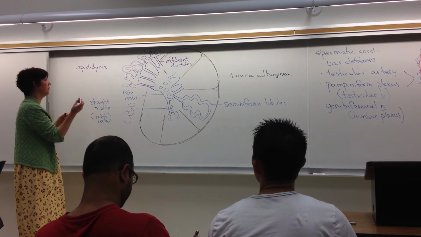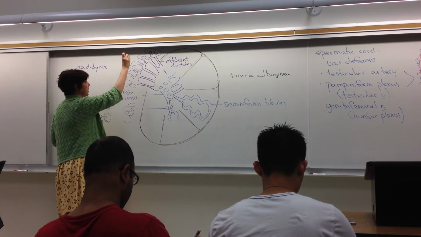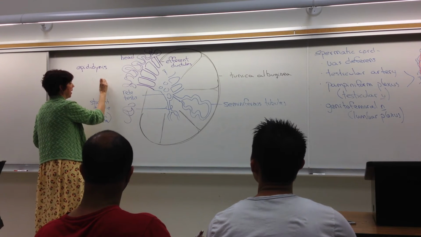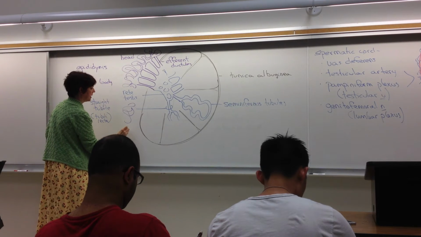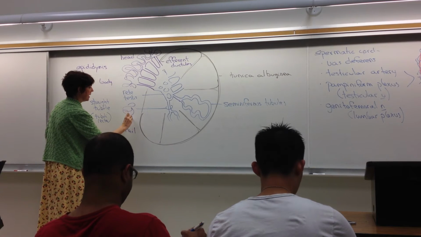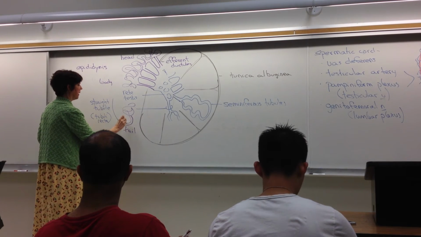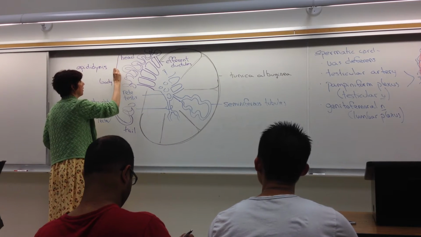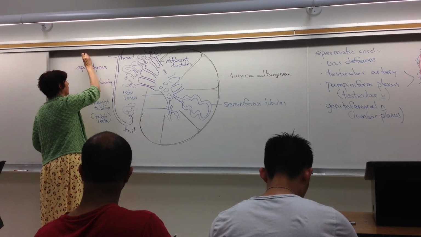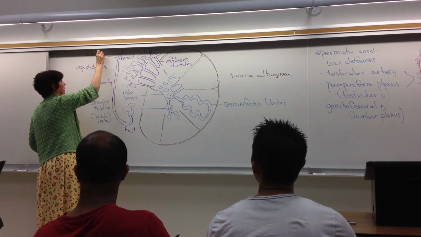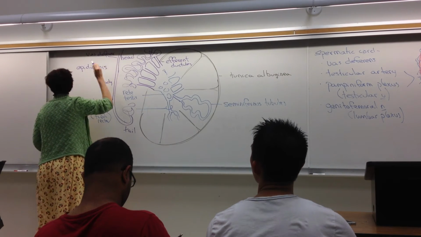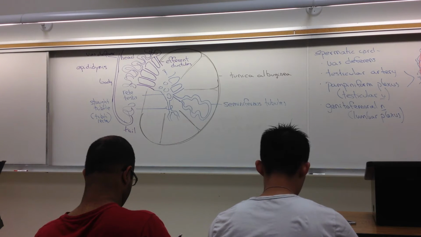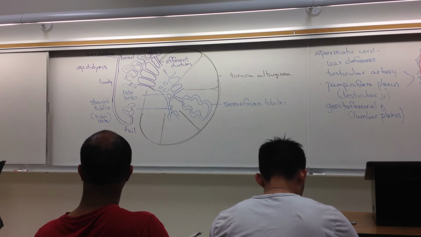Okay, a single coiled structure. This region is known as the head. Then we have the body, and finally the tail. And it is the tail that will then form the vas or ductus deferens. Structure that passes through the spermatic cord and carries the sperm towards the urethra.